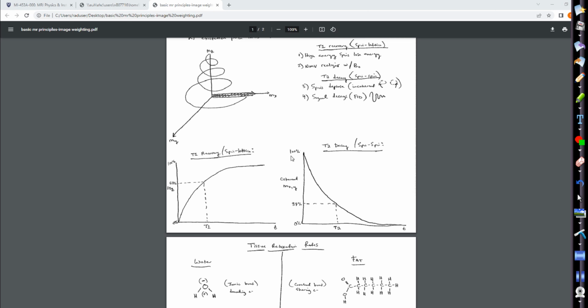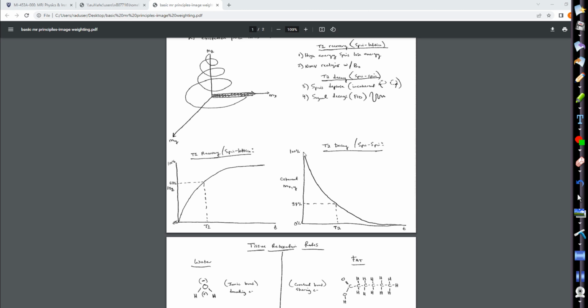Another process that's happening at the same time is our T2 decay, which is also referred to as spin-spin, because the hydrogen proton is giving off energy to its neighboring spin. Here our y-axis is the transverse plane, so magnetization xy. At this moment, we had applied that RF pulse and our vectors are in that transverse plane.